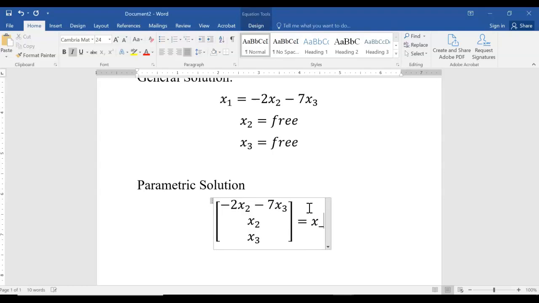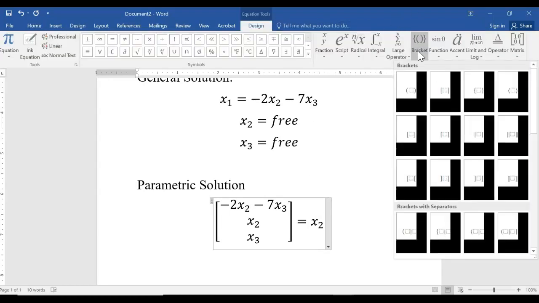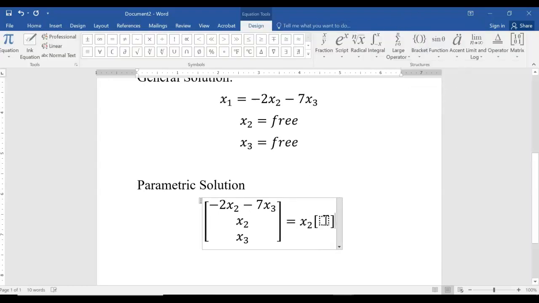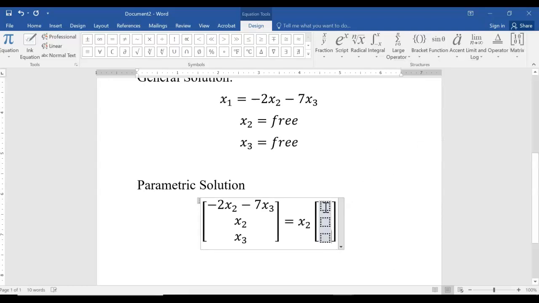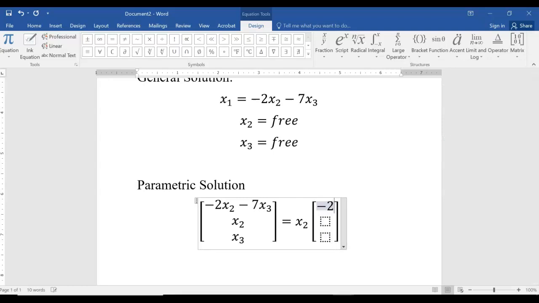We're going to create a vector for x2 to multiply by. It should be fairly straightforward: it's going to be all the coefficients of x2. So negative 2 in the first entry, 1 in the second entry. And notice the third entry doesn't have any x2 involved, so we just put a 0.